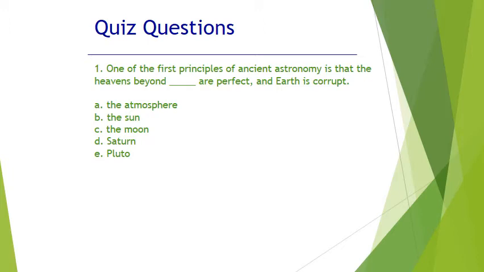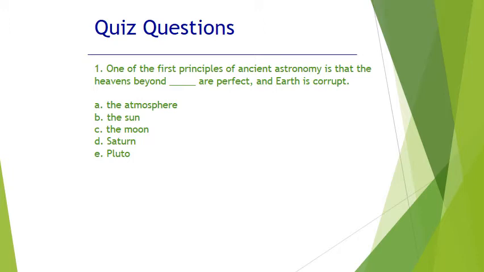Now, the two things that were not part of this perfection were obviously the Earth, because the Earth constantly was changing. So it was not perfect and unchangeable. There were riverbeds cutting new paths, there were volcanoes; even the ancients could observe this stuff. So they knew the Earth was changeable and therefore not perfect. Likewise, the moon was not perfect.